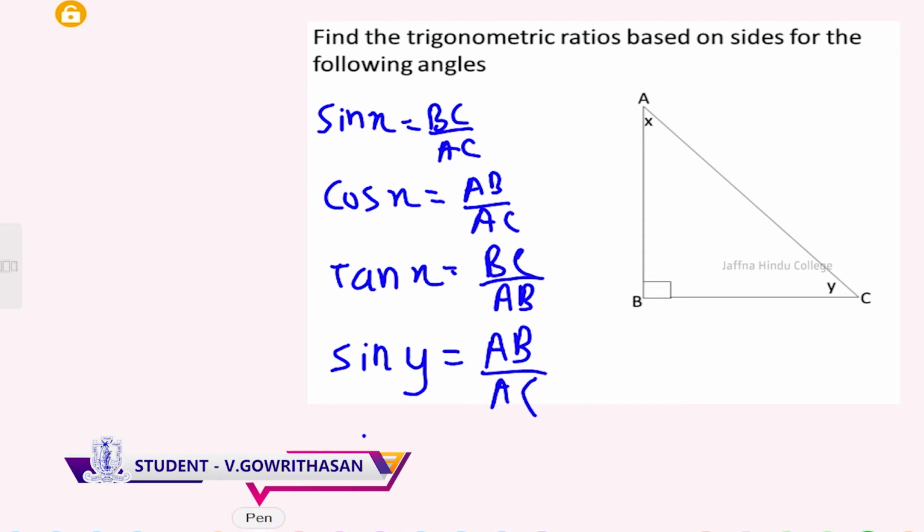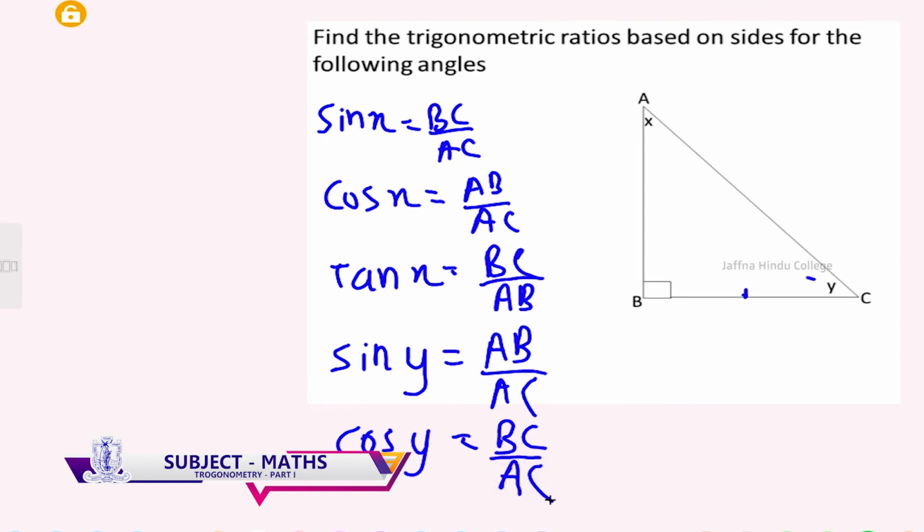Now write the trigonometric function cos for the angle y. So cos y is equal to adjacent side by hypotenuse. Adjacent side of this angle y is BC and the hypotenuse AC. BC by AC.